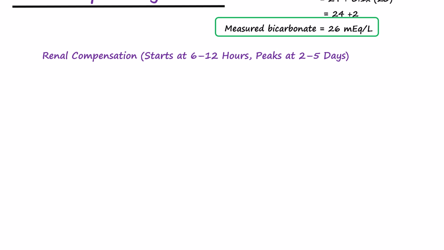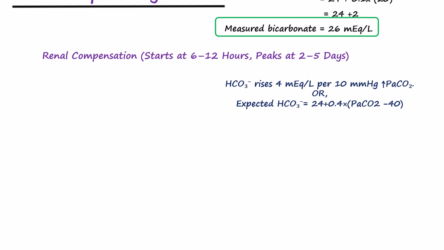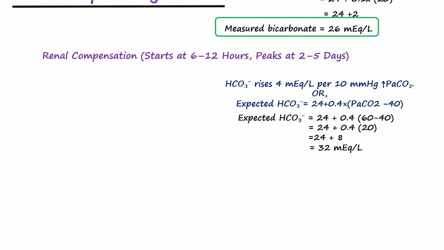The renal compensation is more robust than intracellular buffers in retaining bicarb and excreting hydrogen ions. The result of this is the higher bicarbonate rise of 4 mEq per liter per 10 mmHg change in PaCO2. In our case, the expected bicarbonate would have been 32 mEq per liter if it was a chronic condition. Since our measured bicarbonate was 26, which was less than expected, we would certainly say it was not a chronic case.